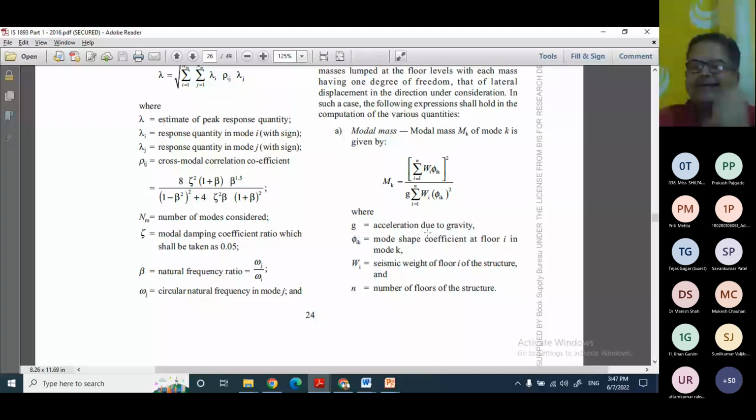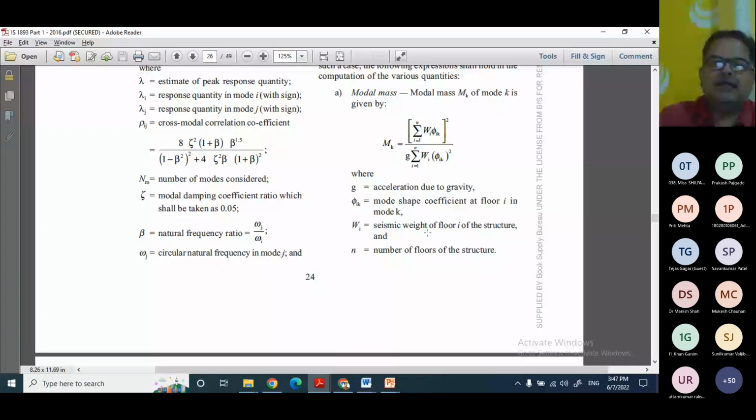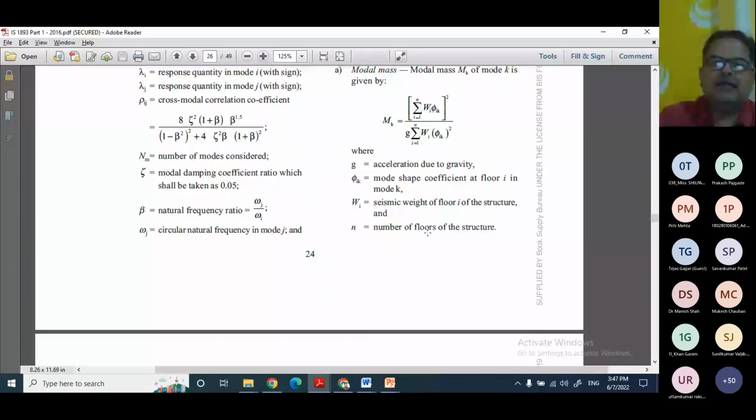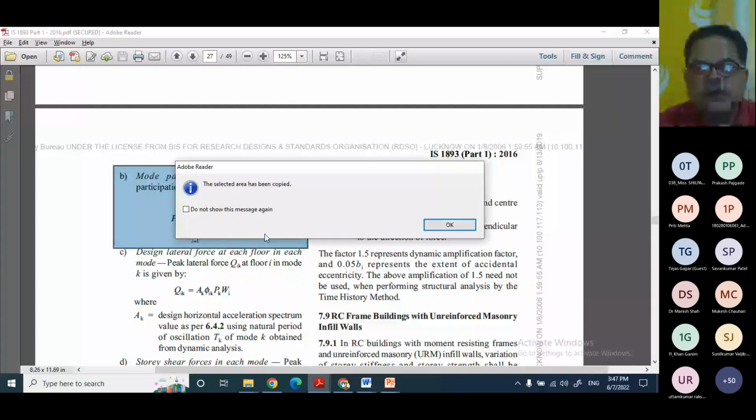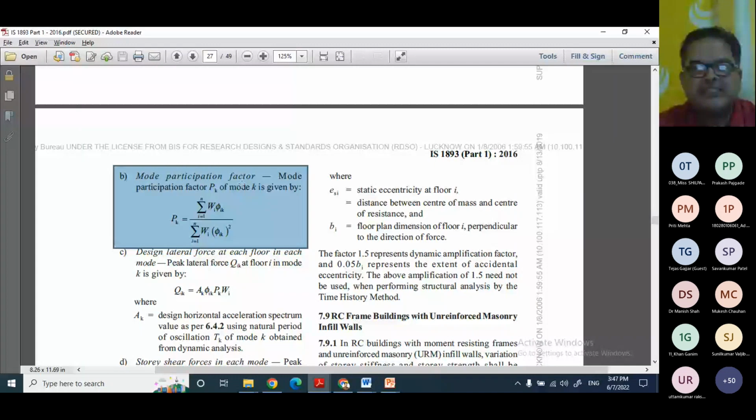Then what is the mass participating? For example, if you want to know what mass participated, that can be done here. Here it is the mode participation factor, right?